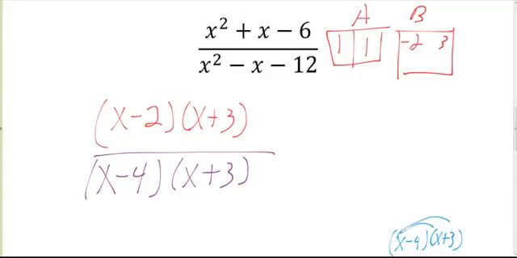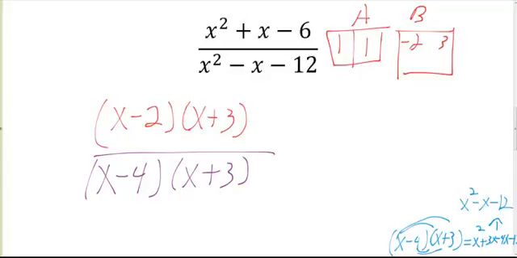Multiply that out, and we get x squared plus 3x minus 4x minus 12. And then combining like terms, going up, I know we normally go down, but bear with me, and we get x squared minus x minus 12.